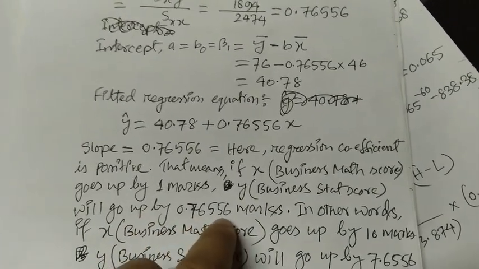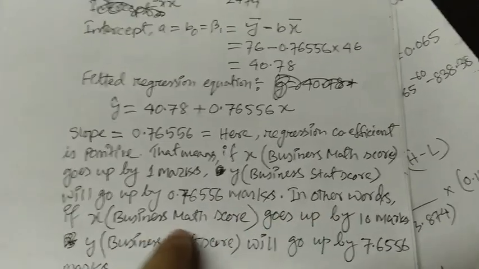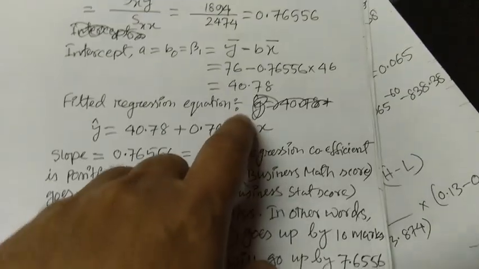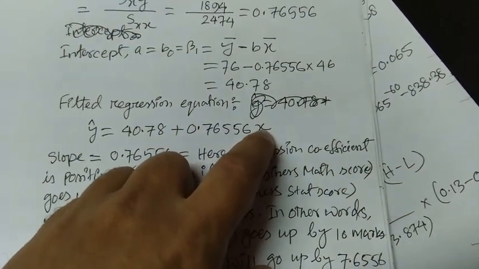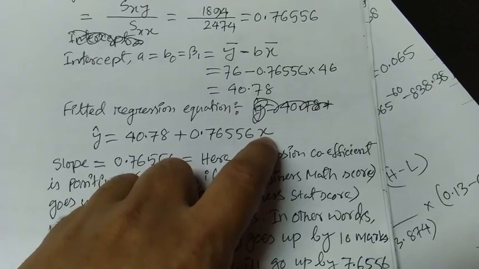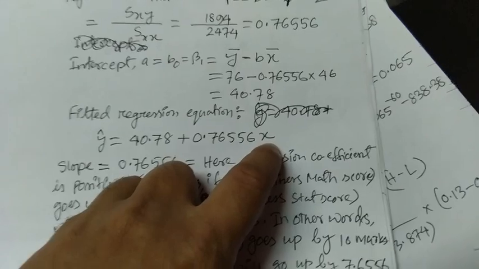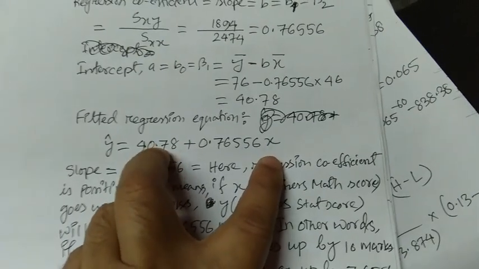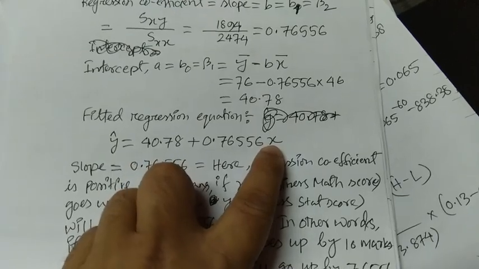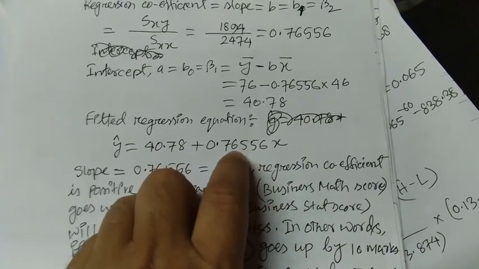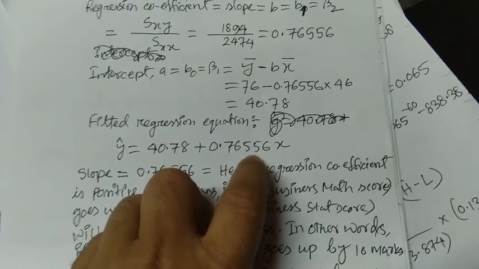In other words, if X goes up by 10 marks, so instead of X you put 10 here, that means 0.76556 multiplied by 10, while the constant always remains the same. The value will come as 7.6556.